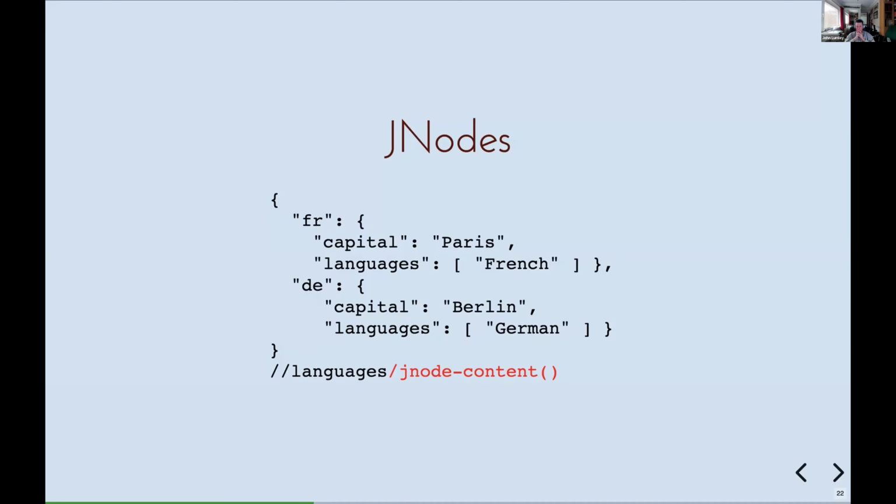There's a question. I noticed that you are addressing strings as the map keys without putting the string in the JPath expression. So the question was, why am I addressing languages unquoted?